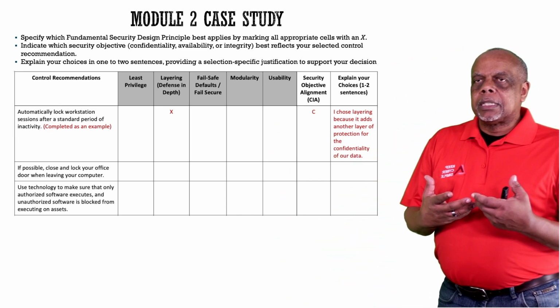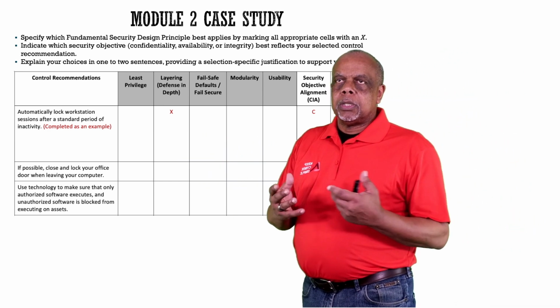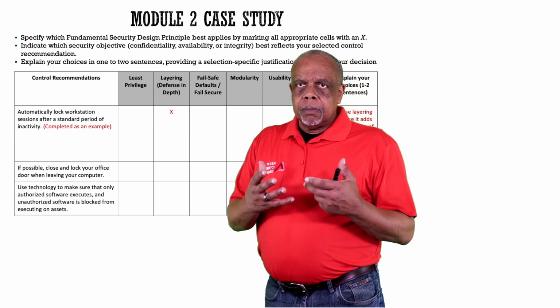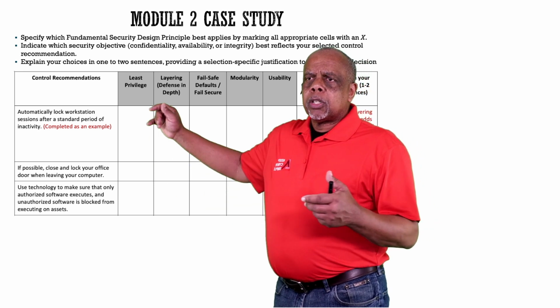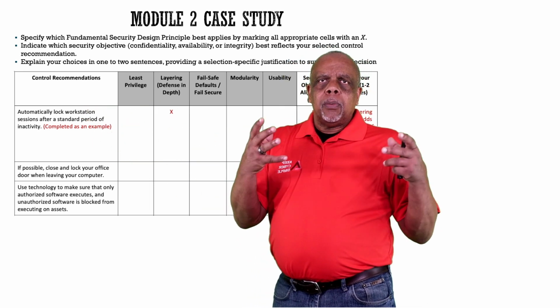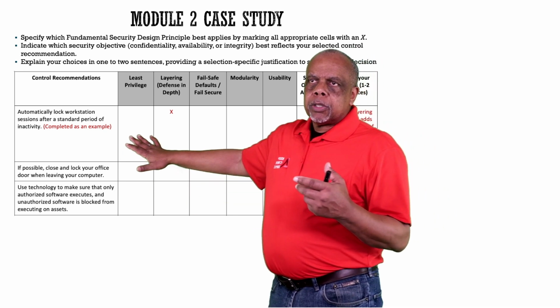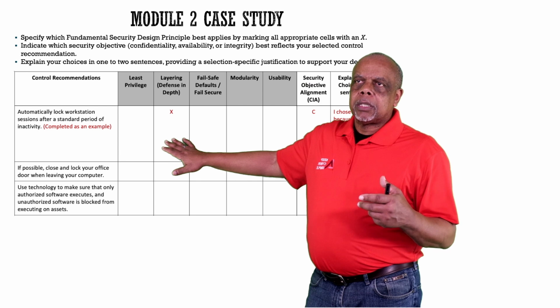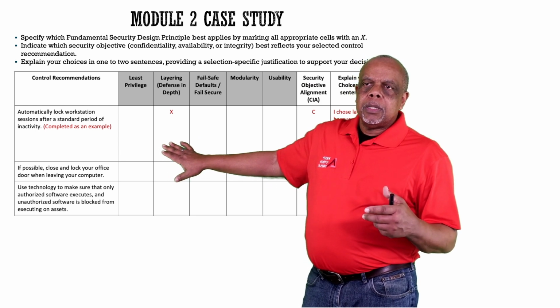After you read the case study, you're going to come back and go into your control recommendations, because in the case study we had a security breach. Here's an example: automatically lock workstations after a standard period of time.